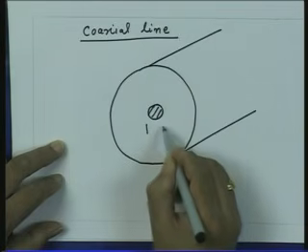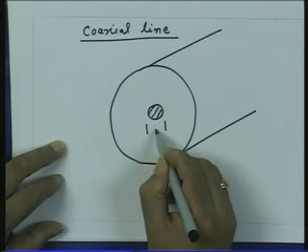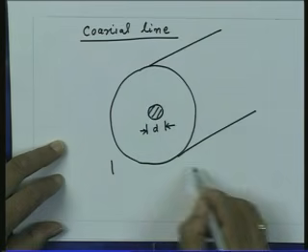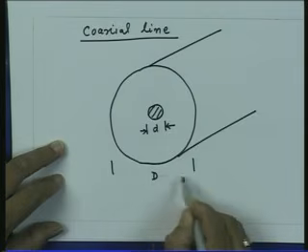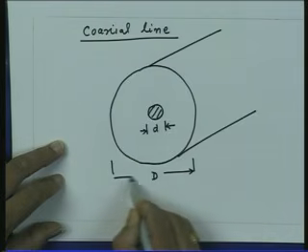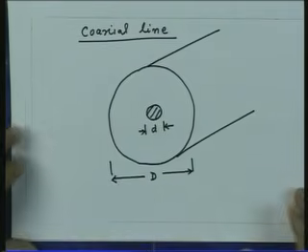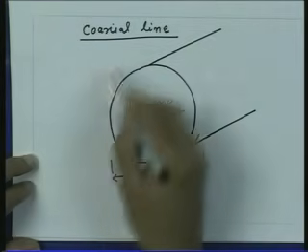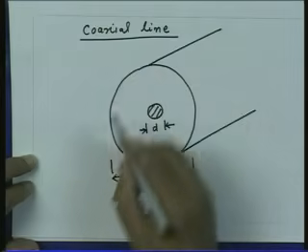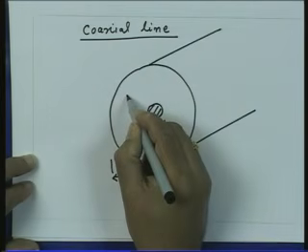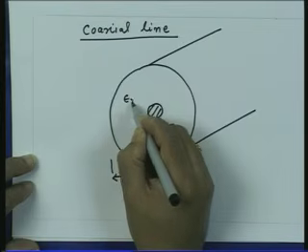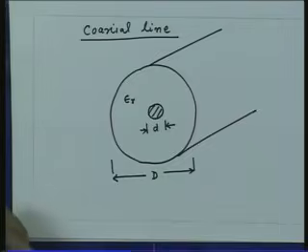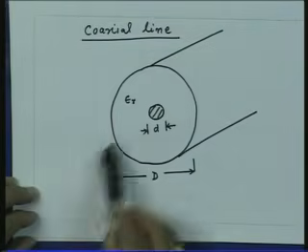Let us say the diameters of these two conductors are given by small d and capital D. And let us say the dielectric which is filling the medium between these two conductors has a dielectric constant epsilon r, or the relative permittivity of the medium which is filling this cable is epsilon r.